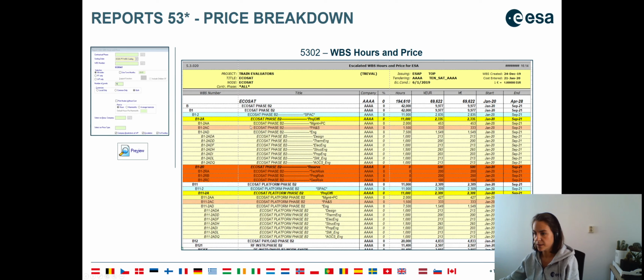So here we have the node B broken down for phase B1, B2. It's really good also to have the breakdown, and it will be useful for you and for the evaluators to see hours and cost at a glance. Basically, this is the information you will get from this WBS summary.